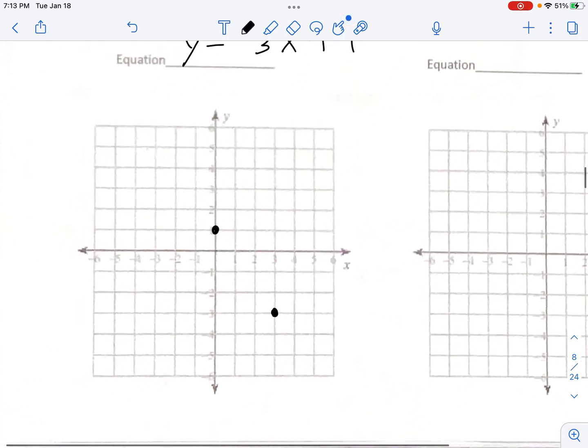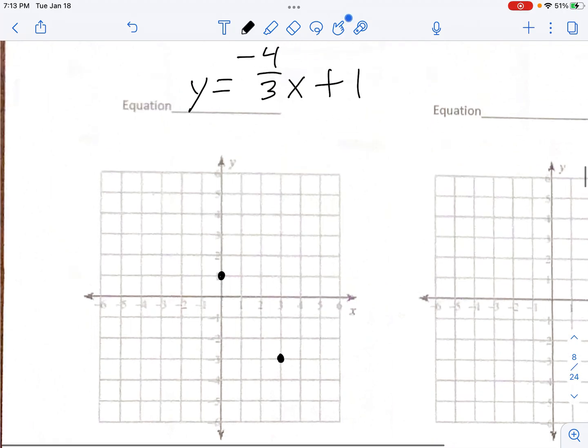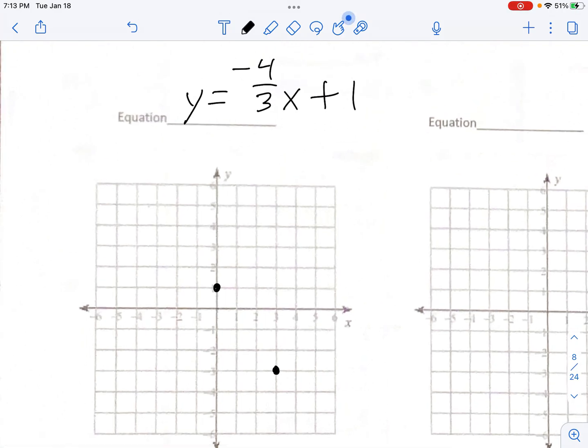So we need to go back to the y-intercept, and we need to go backwards. So we need to go up 4, 1, 2, 3, 4, and then left 3, 1, 2, 3. Now that we've got 3 dots, go ahead and draw your line.